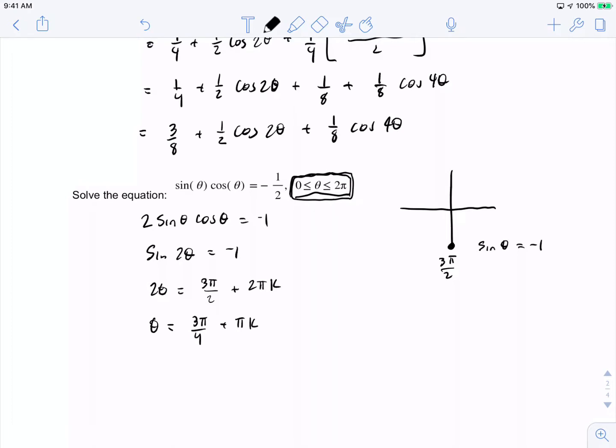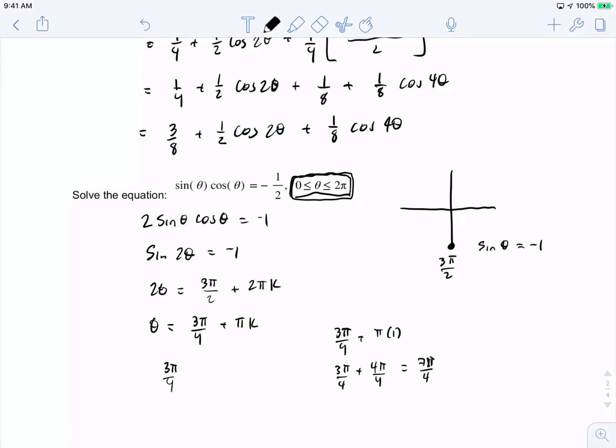And now we need to see how many of those fall in the first unit circle. So when k is 0, we're going to get 3 pi over 4. When k is 1, so let's see what that is. 3 pi over 4 plus pi times 1. That's going to be 3 pi over 4 plus 4 pi over 4, which will give us 7 pi over 4.